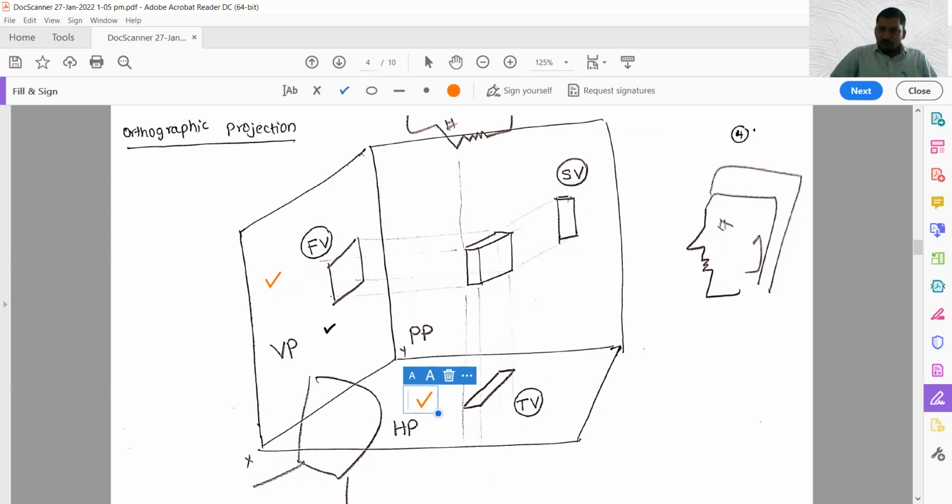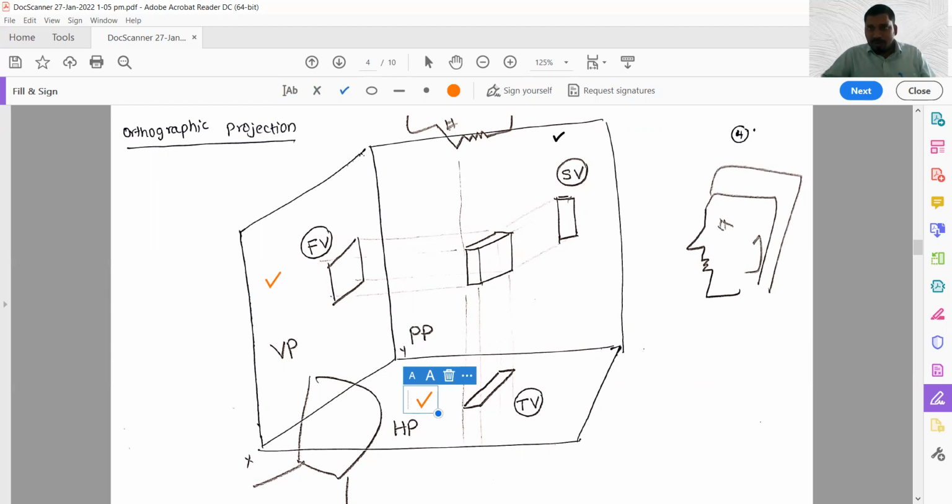Profile plane means a plane which is perpendicular to both the vertical plane and the horizontal plane. Generally these are the walls in the classroom: the two walls beside the board wall, located on the right hand and left hand side, are called profile planes.